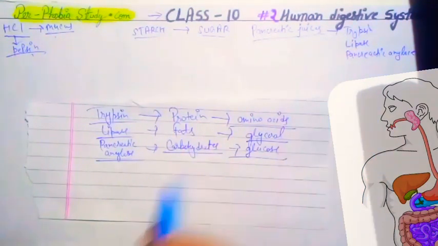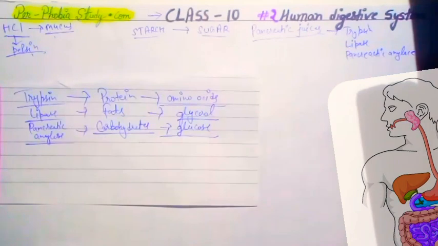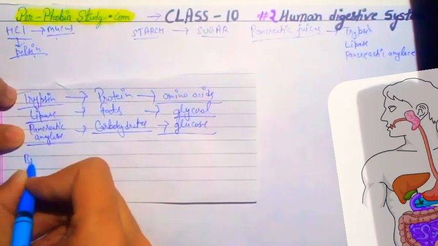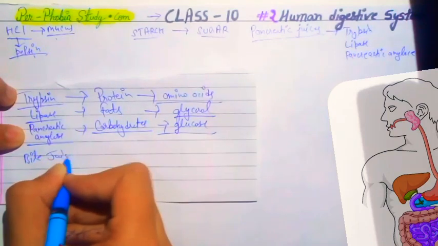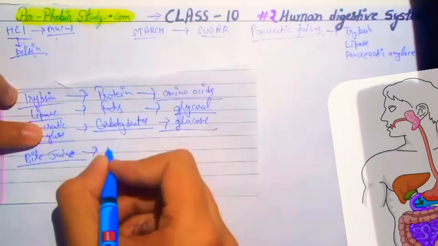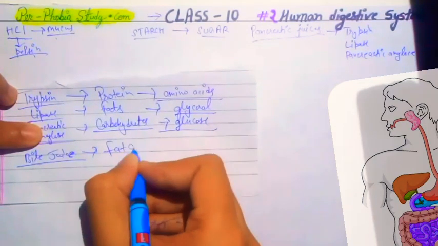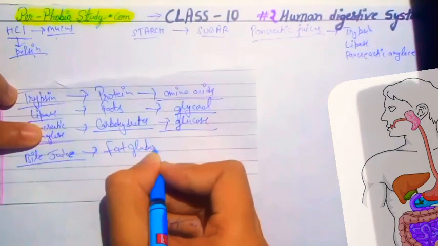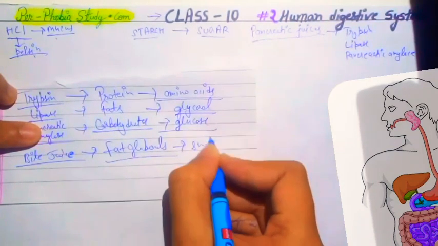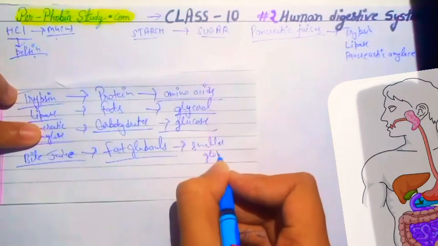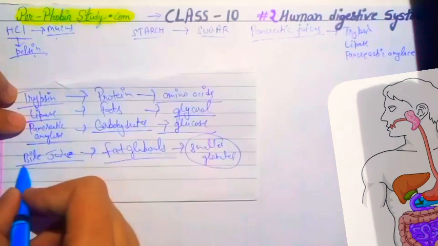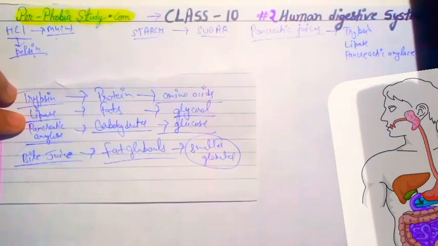Okay, but students, before going on, let's discuss another work of this bile juice. Bile juice also converts fat globules into smaller globules, and it increases the efficiency of these enzymes.